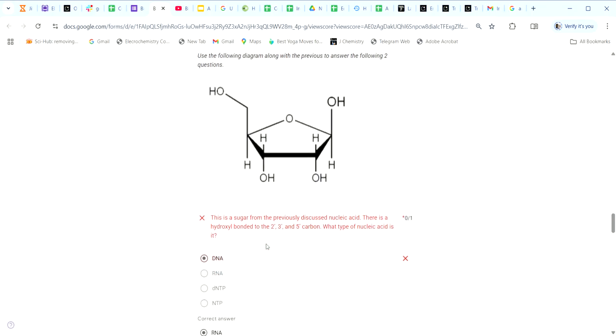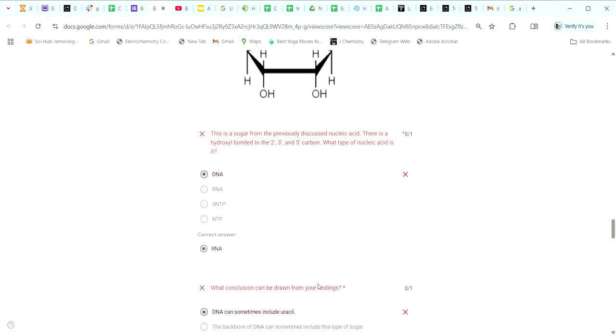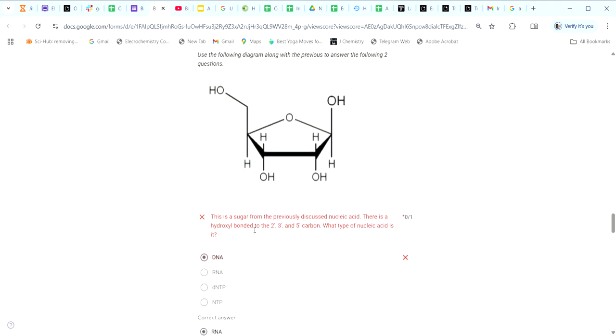This is RNA. This is a sugar from the previously discussed nucleic acid. There is a hydroxyl bonded to the 2 prime, 3 prime, and 5 prime carbon. What type of nucleic acid?